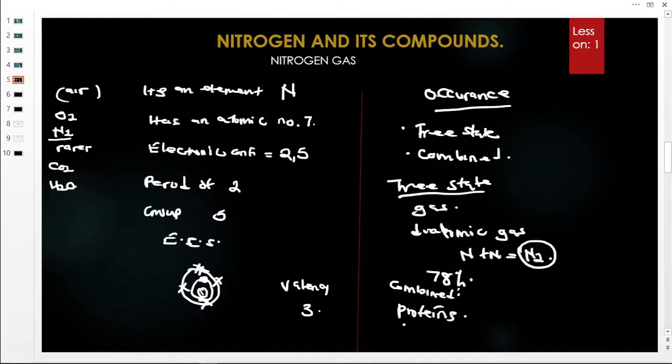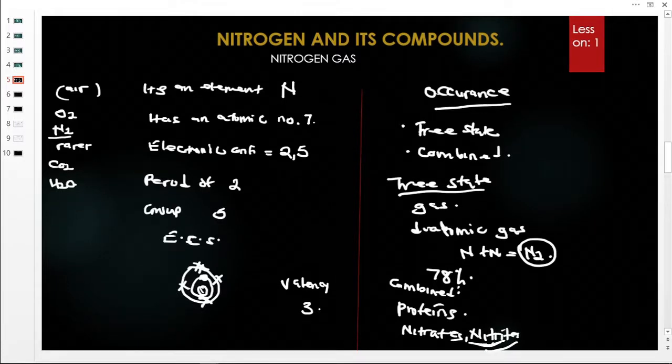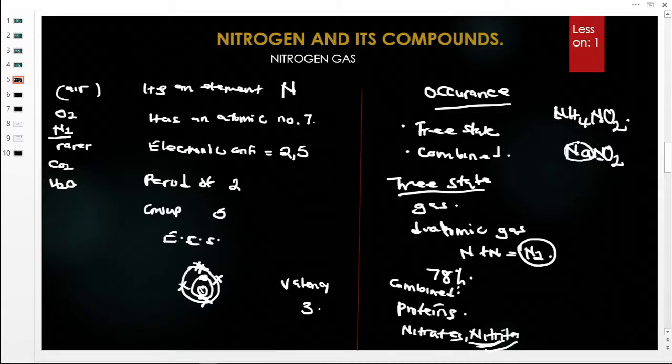It can also be found in nitrates and nitrites, and majorly in nitrites because they can break down to give us nitrogen. For example, we have ammonium nitrite, so there is nitrogen, even this one is nitrogen. Then we can get sodium nitrite also. This N is nitrogen, but this Na is not nitrogen. This one is the symbol for sodium.